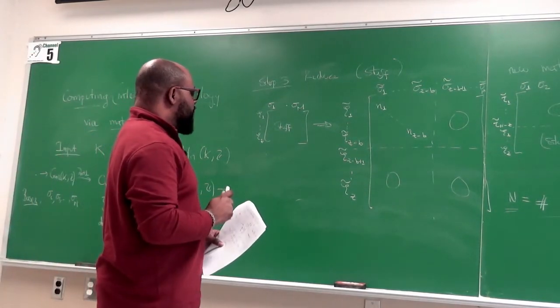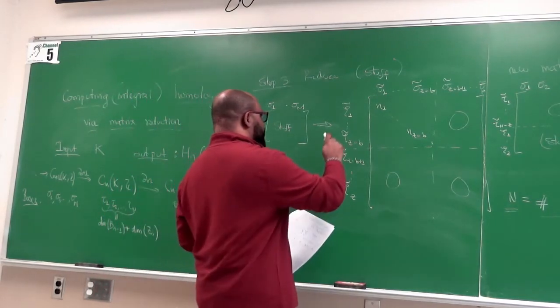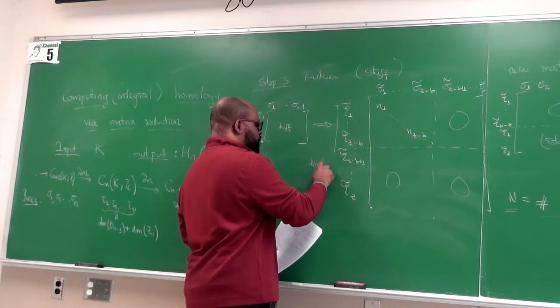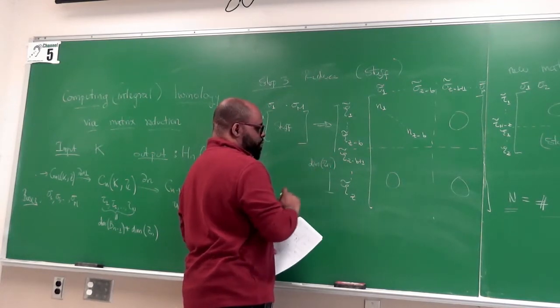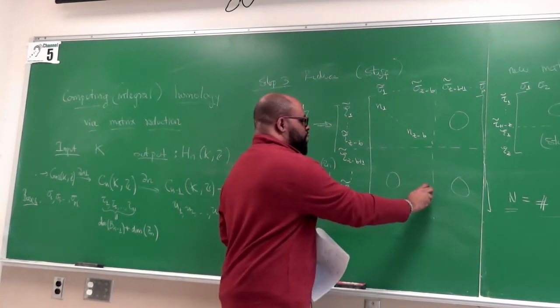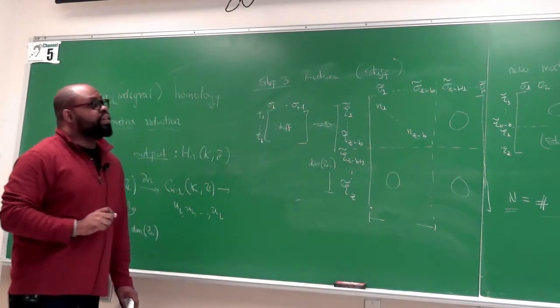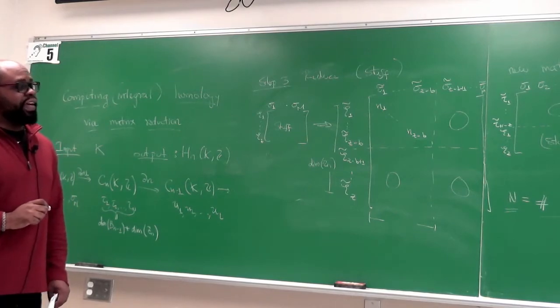Now, the thing to remember is that this is the size of Zn, right? Question. What are these columns? What is the size that we get there?